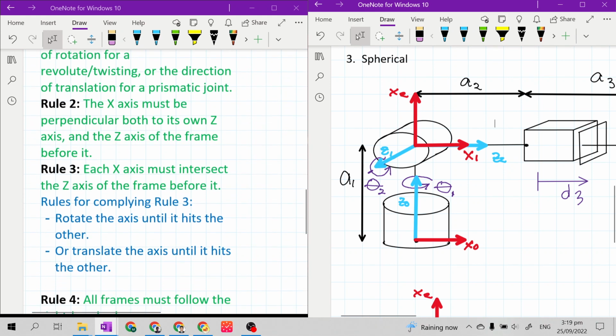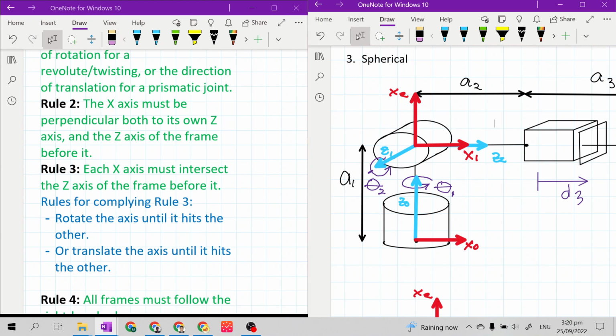Okay. So remember class, before translating the axis, you must first try to rotate it. Don't translate it the first time you do the compliance to rule 3.